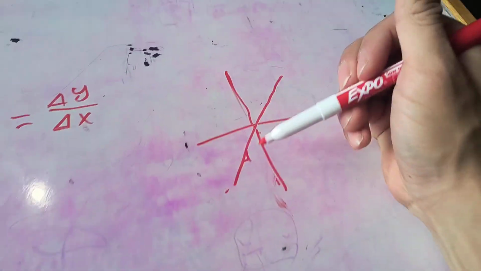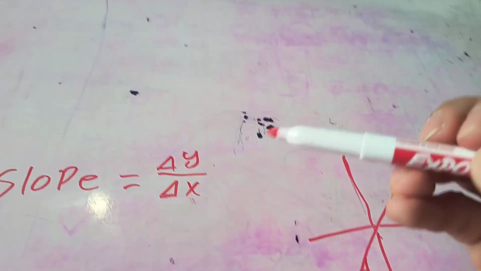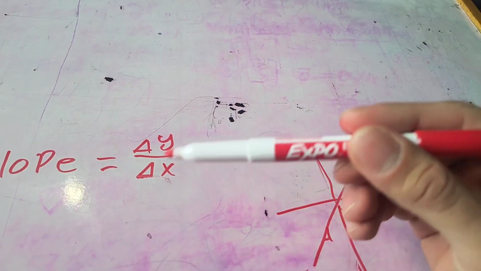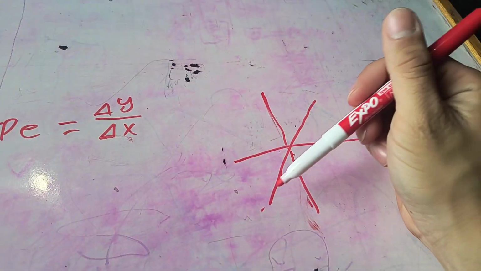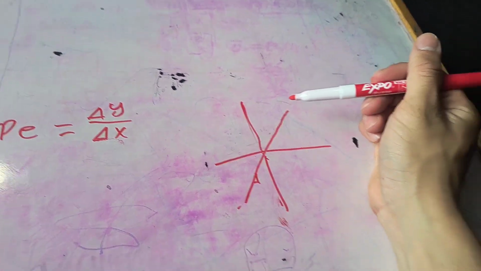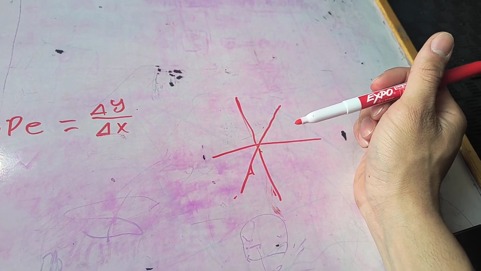And that movement in y over that movement in x is equal to how fast this line goes up, how steep this line is.